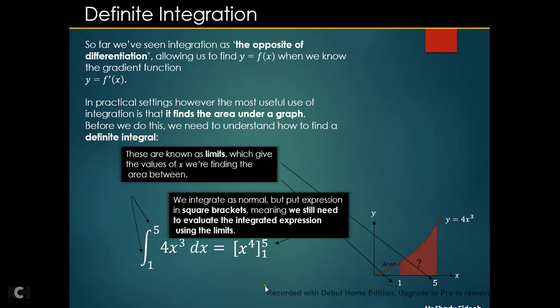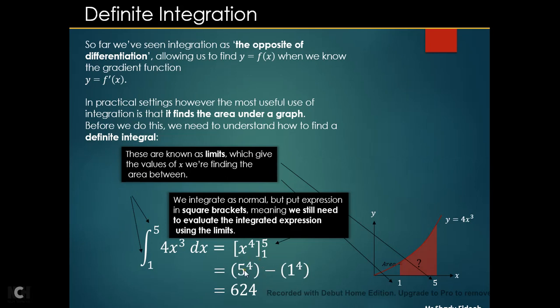How to do that? We substitute 5 instead of x here to be 5^4 minus 1^4, to get the final answer, 624. So we must subtract 5^4 minus 1^4.